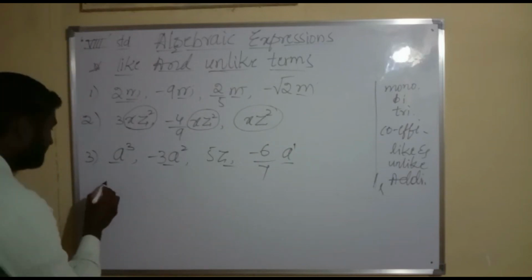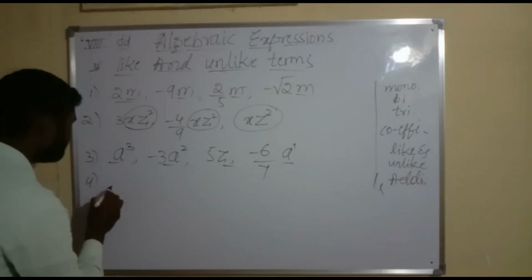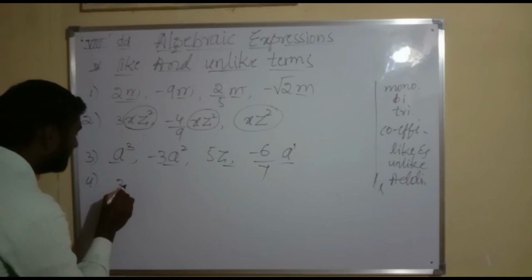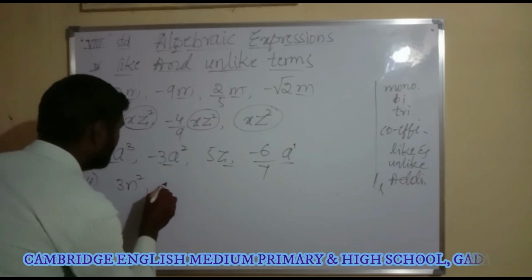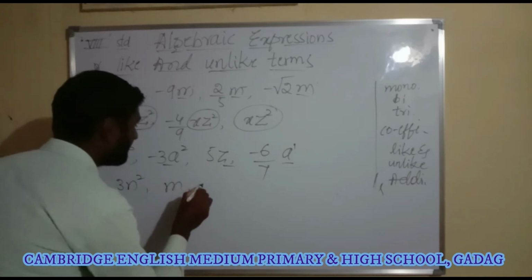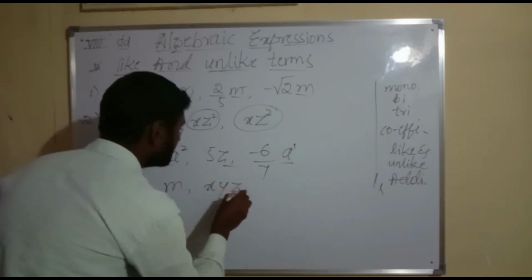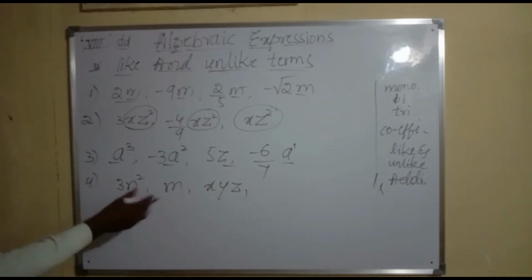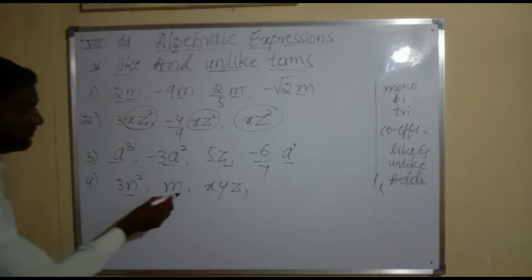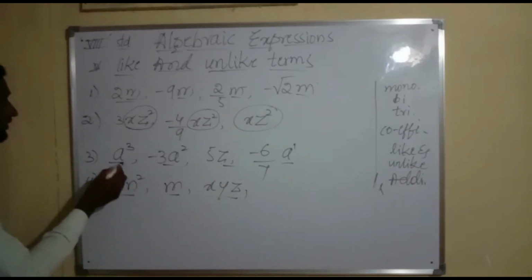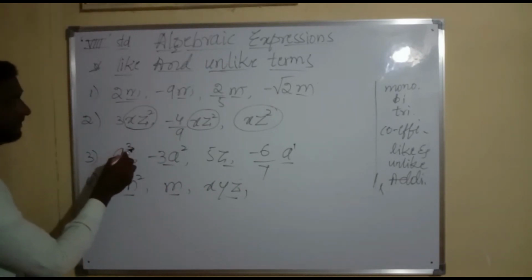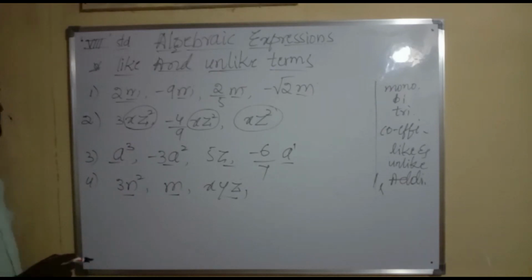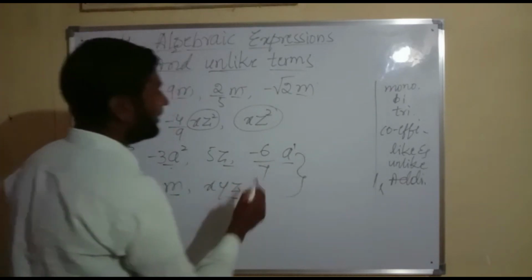Again, I can show you, say 3n square and mxyz. These are called unlike terms, because different variables are there. Here, even though I have the same variable, it has different exponents, so they are called unlike terms.